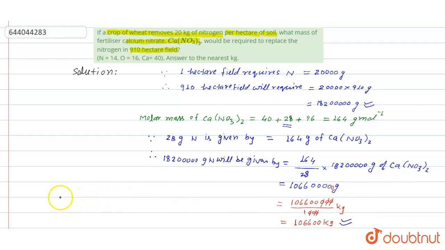So the answer of this question will be 106,600 kilogram of calcium nitrate will be required for a 910 hectare field. So this is the answer of this question. Thank you.